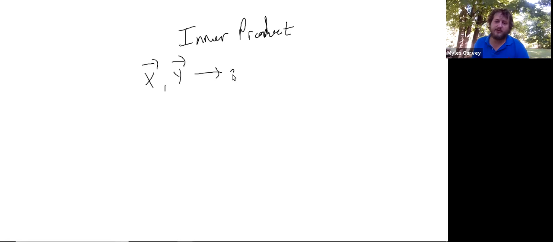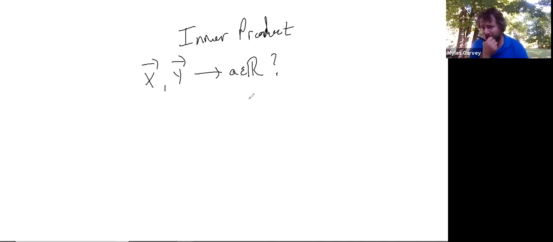And the idea is, if given two vectors, x and y, can I somehow convert the two vectors into a single number from the real numbers? The answer is yes.